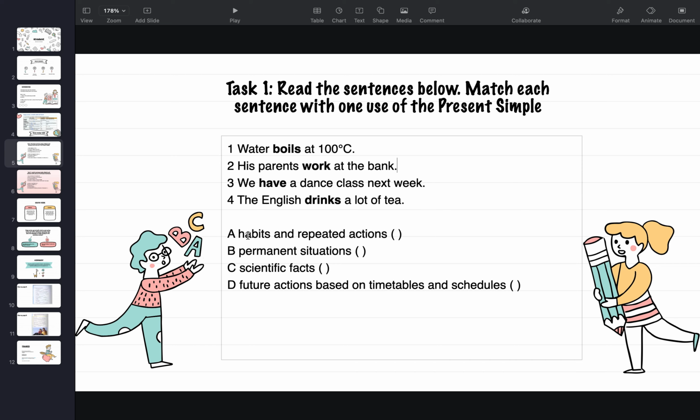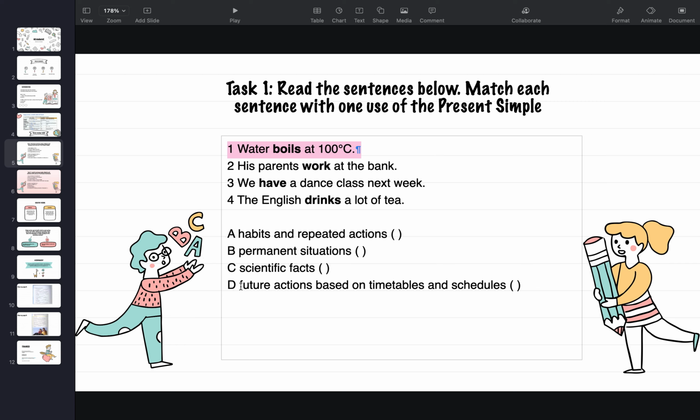Okay, so dekat sini kamu tengok ayat pertama. Water boils at 100 degrees Celsius. So which one is it? Is it A, habits and repeated actions, habit ataupun perbuatan yang berulang, or is it B, permanent situations, keadaan yang tetap, or is it C, scientific facts, fakta sains, or is it D, future actions based on timetables and schedules?